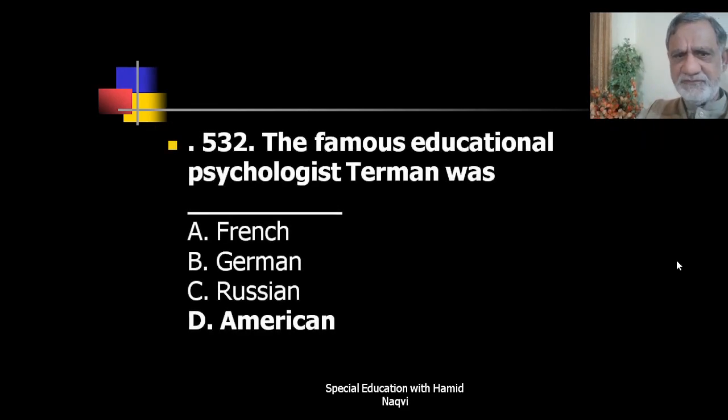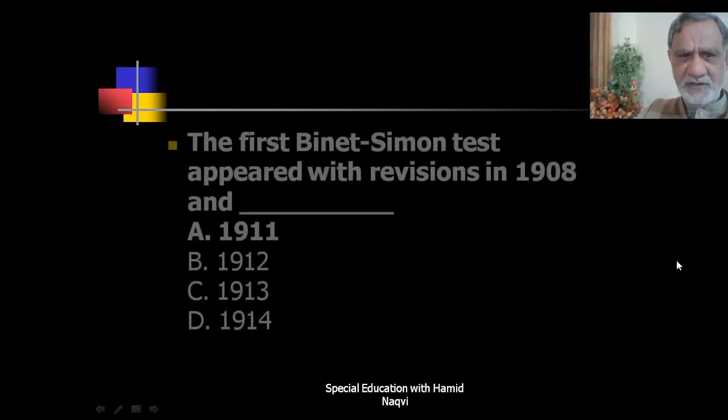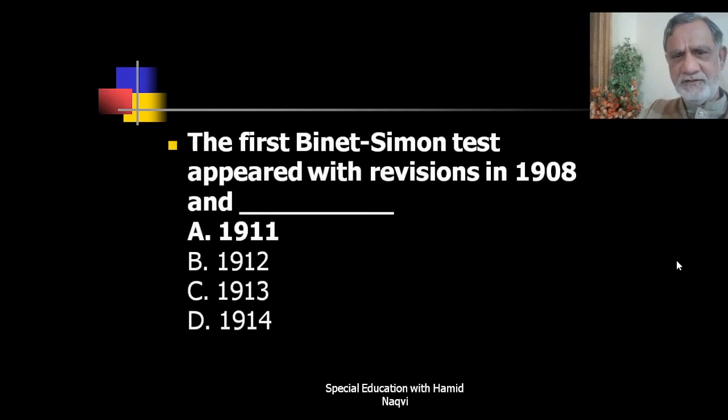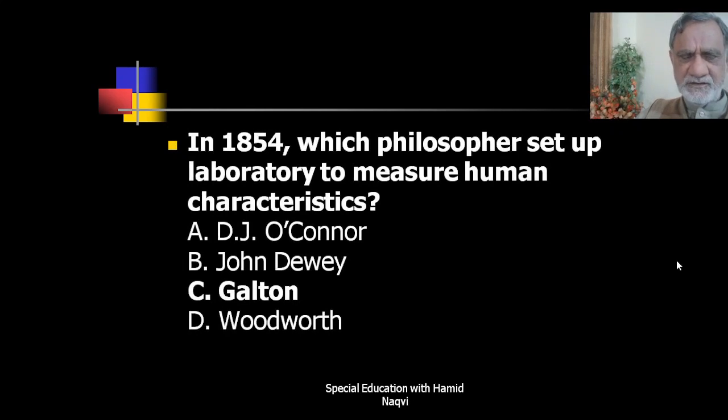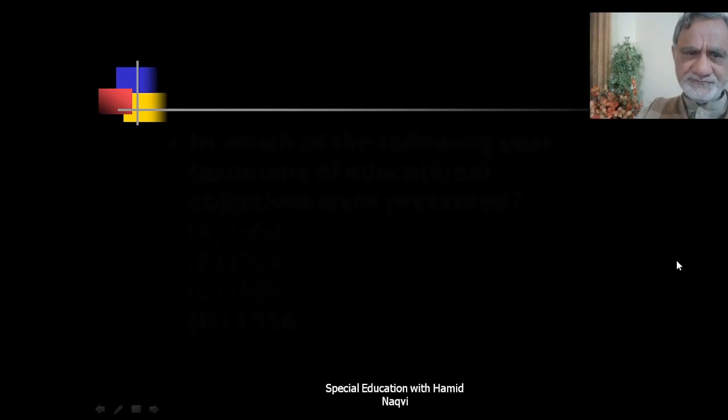The famous educational psychologist Thurman was American. The first Binet-Simon test appeared with revision in 1908 and 1911. In 1854, which philosopher set up laboratory to measure human characteristics? It was Galton.